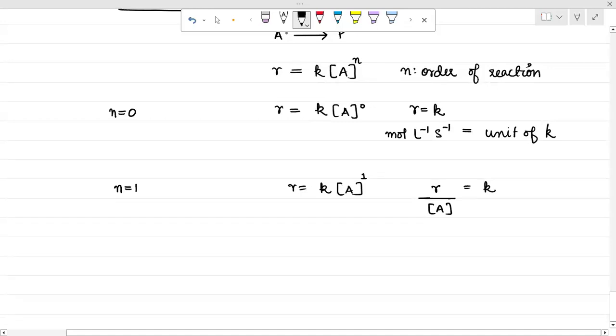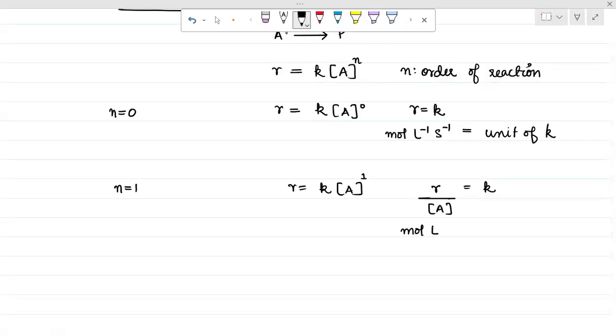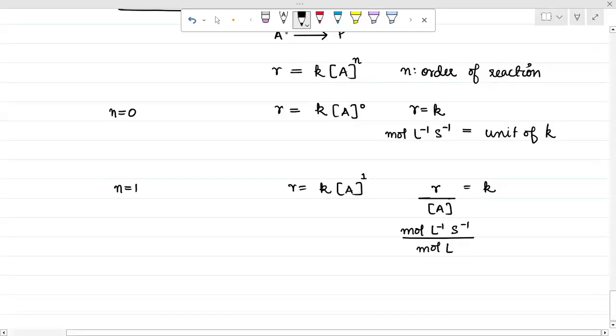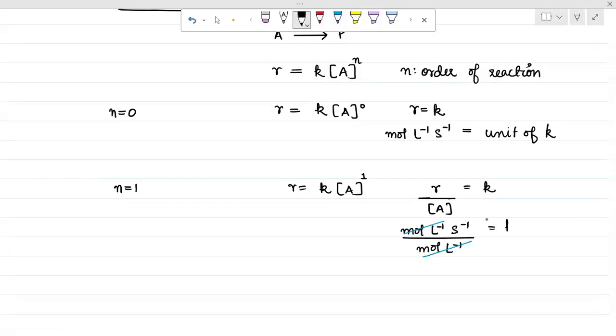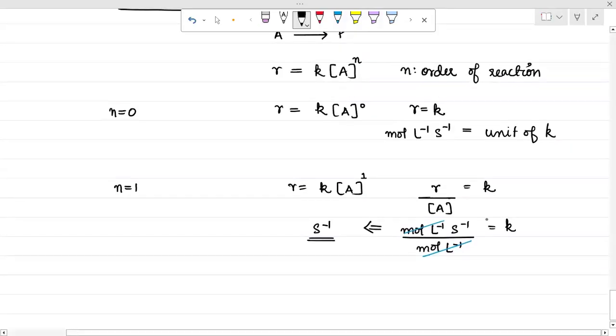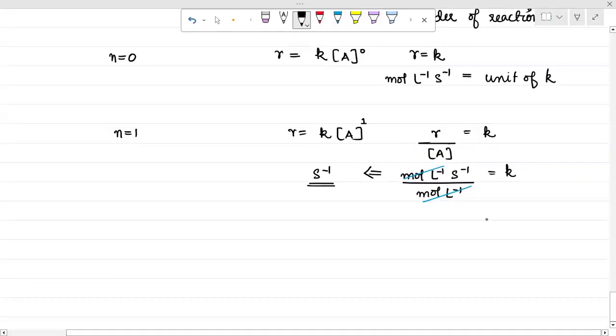Now the unit of rate is moles per liter per second, and the unit of concentration is moles per liter. Moles per liter gets cancelled, and the unit of K is just per second, per time. Got it? Let's do the next one.